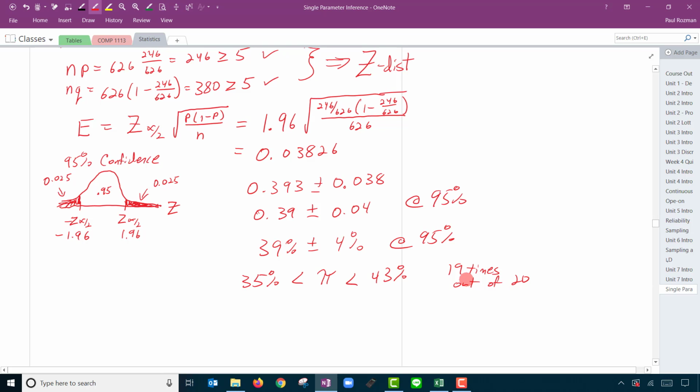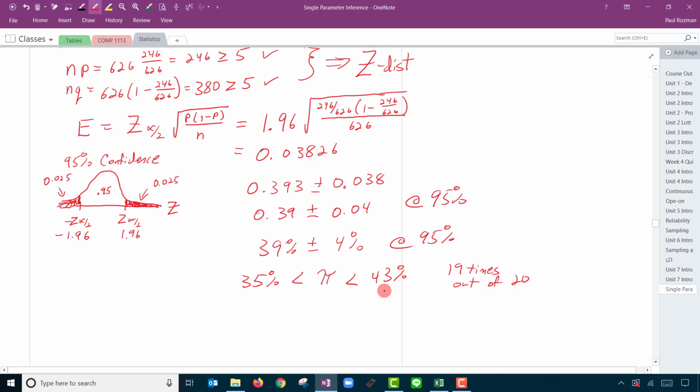We're 95% sure that the actual proportion of employers who pay the membership dues into the Society of Economic Geologists is somewhere between 35 and 43. It's pretty wide. We can narrow that down by increasing n.